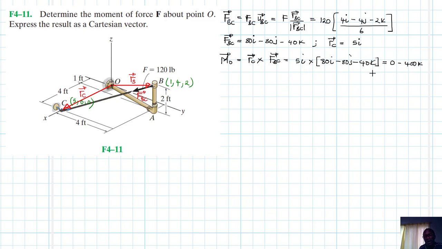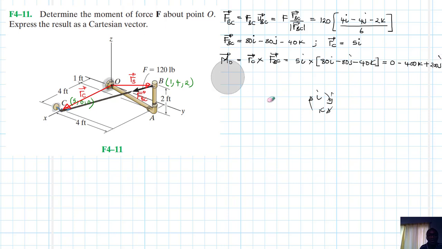Then i by k is in the opposite direction, so it becomes j; there's already a minus there, so it becomes a plus 200j.